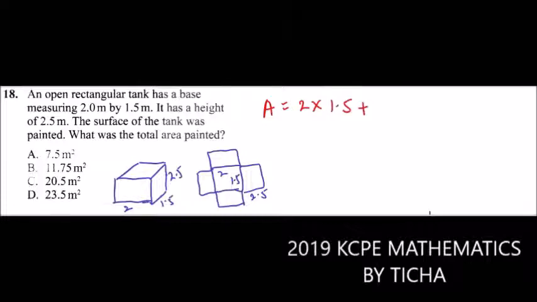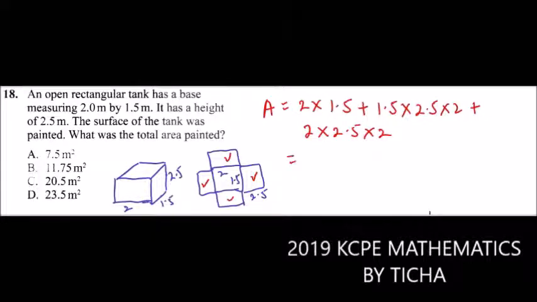Then you add 2, since we have this side is 2.5, so this is 1.5, so we have 1.5 multiplied by 2.5, and you multiply by 2 because we have that side and that side. Then you add 2 multiplied by 2.5. You multiply by 2 because of that side and that side.